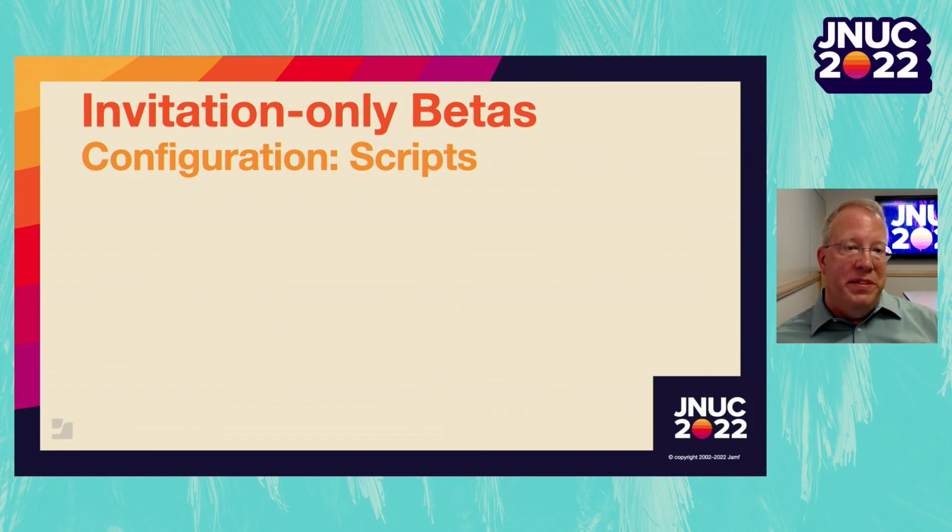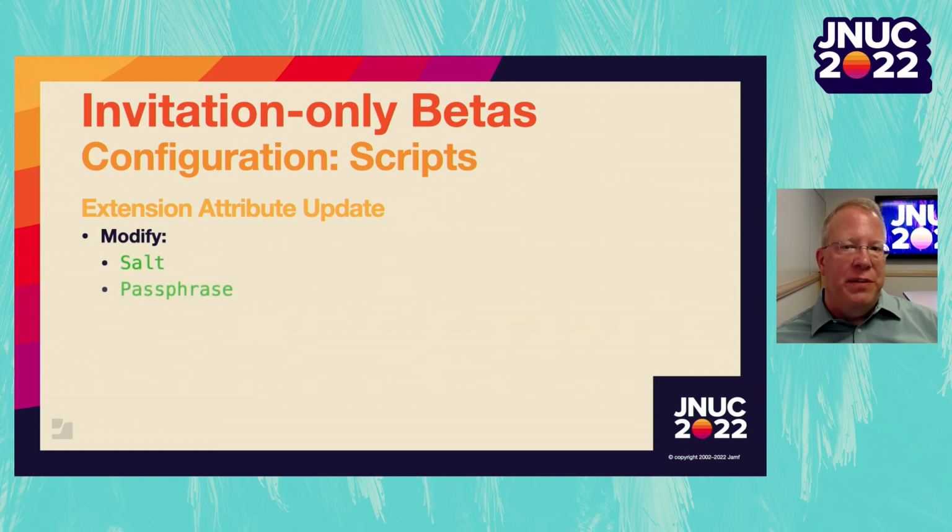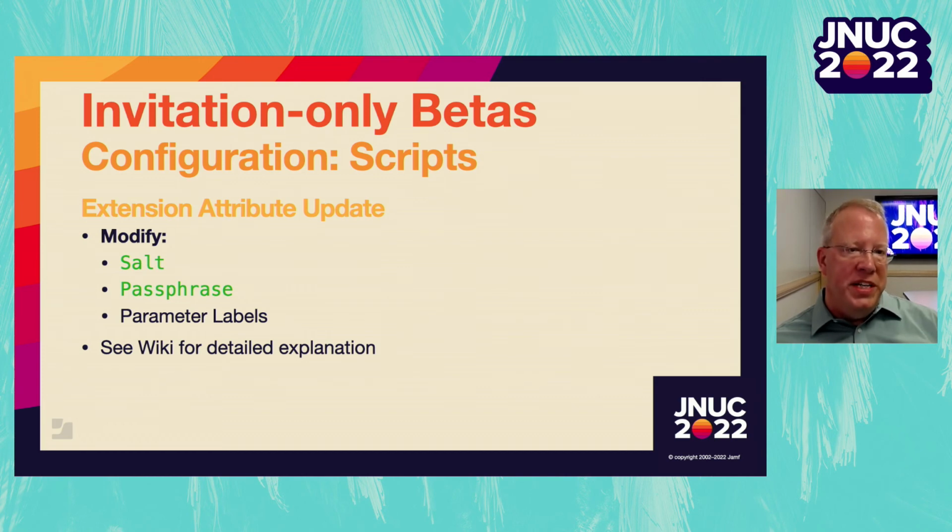Let's talk about scripts. If you're planning on leveraging the Jamf Pro API client side, you'll add the extension attribute update script and modify both the salt and passphrase values, and then populate the parameter labels. Please see the wiki for a link to the portion of the JNUC 2019 presentation which covers configuring the extension attribute update script in greater detail.